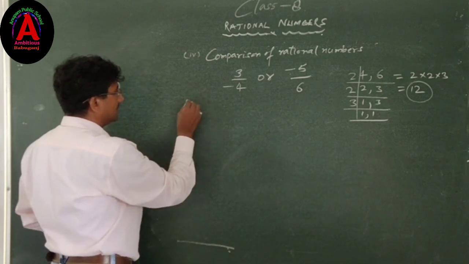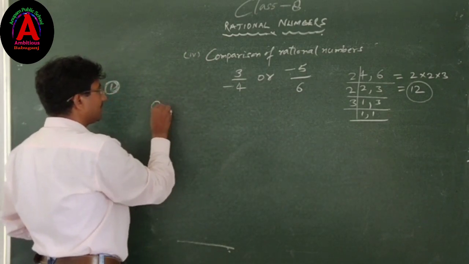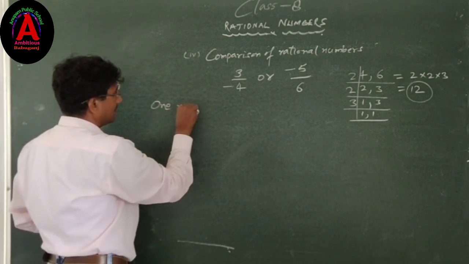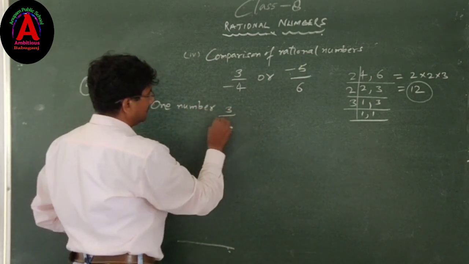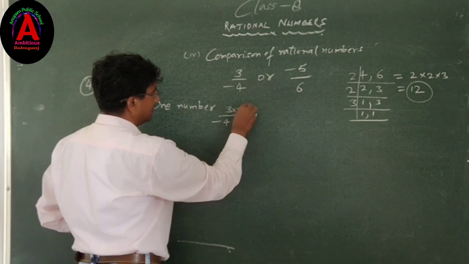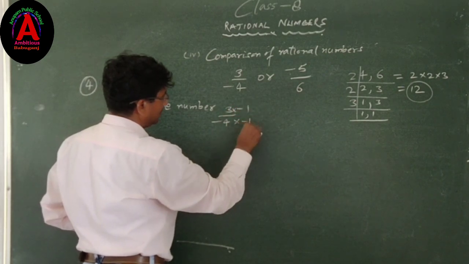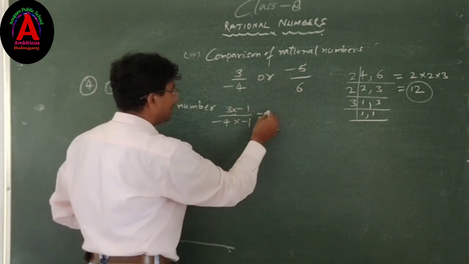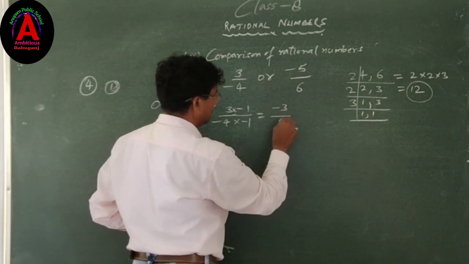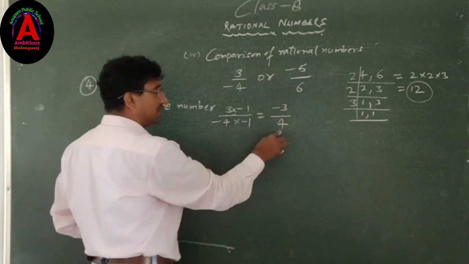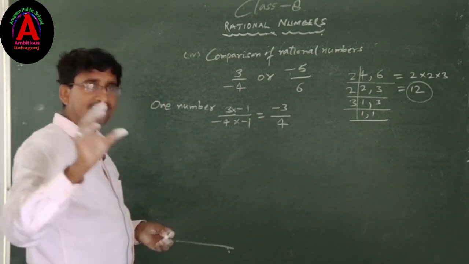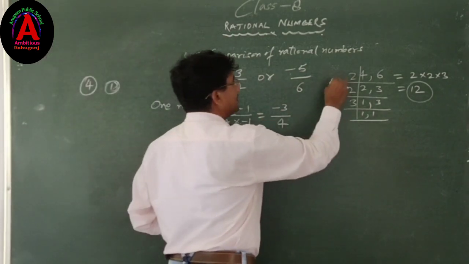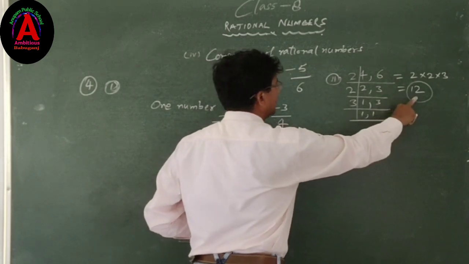In the first number, 3 by -4, multiply by -1. So what will happen? -3 by 4. Our denominator is positive. Then we will have to take the LCM. This is the second step, and I did it: 12.